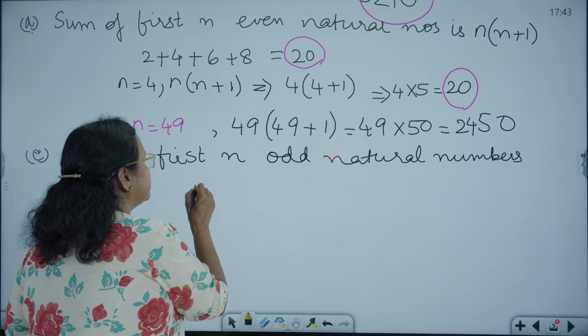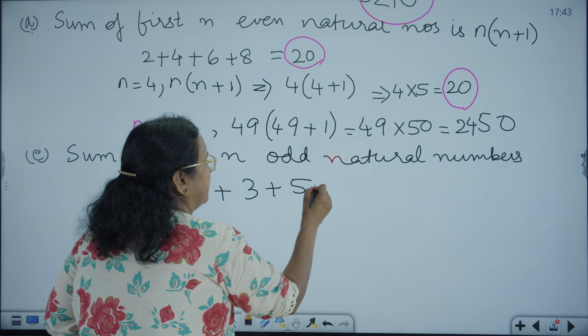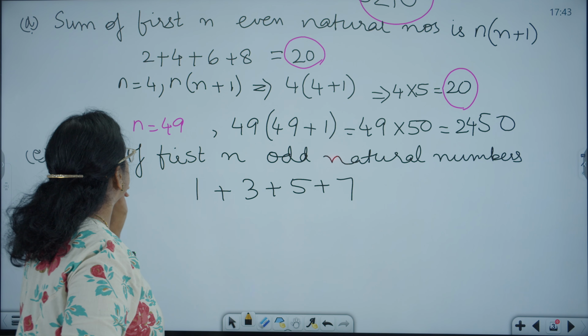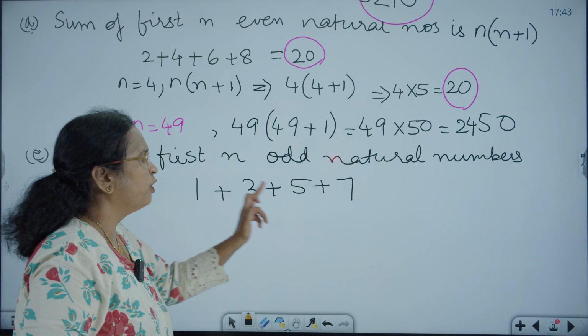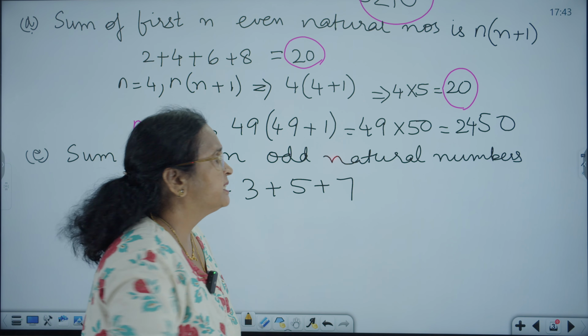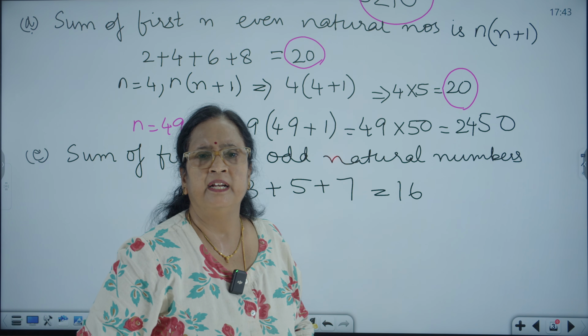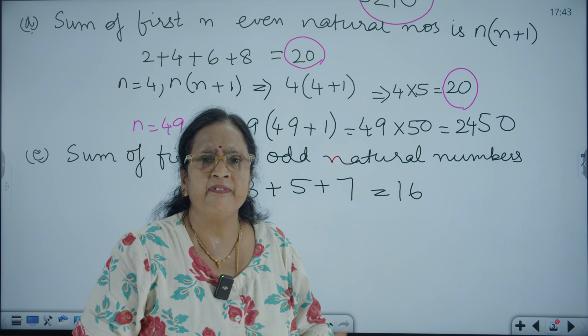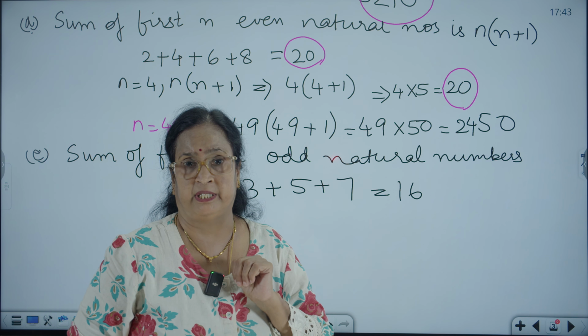Now, what are the first 4 odd numbers? 1, 3, 5 and 7. Now, sum is asked. So, I have added 3 plus 1, 4 plus 5, 9 plus 7, 16. I got 16. It's okay because we have done very fast because they are less in number. Only 4 numbers.